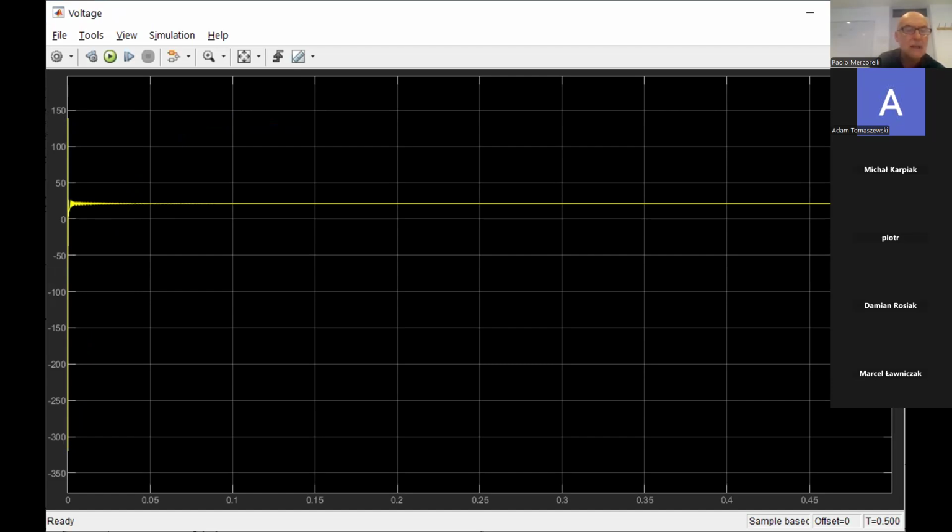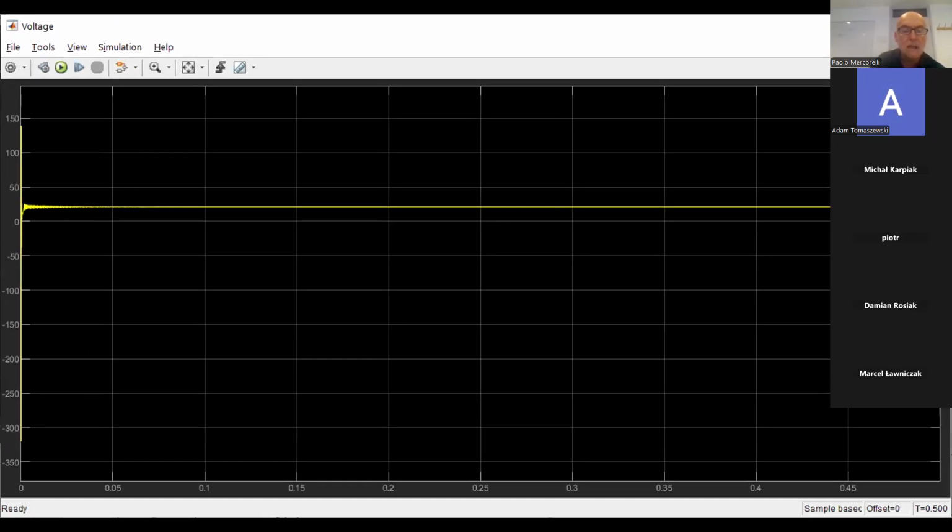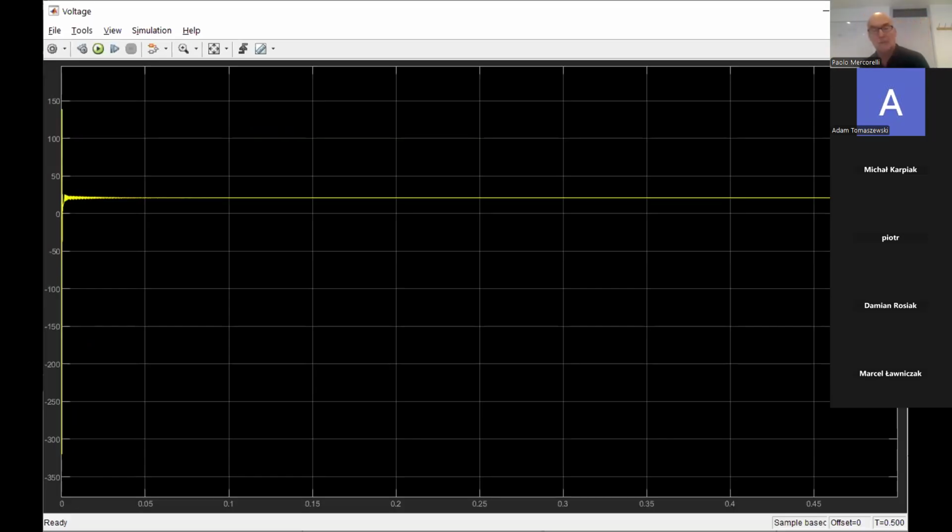Let me see if I see well. Of course, if I try to reduce Q or increase RW, we will reduce again the input. But of course, we increase the error. Let me show you. It depends what I want to do and what I have at disposition.